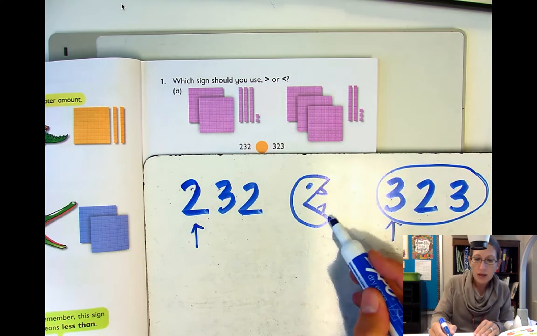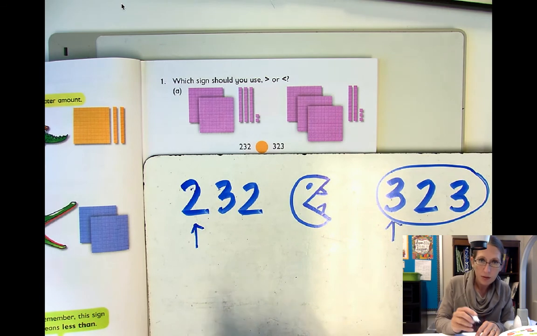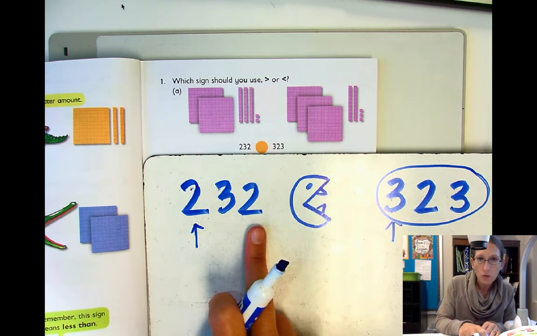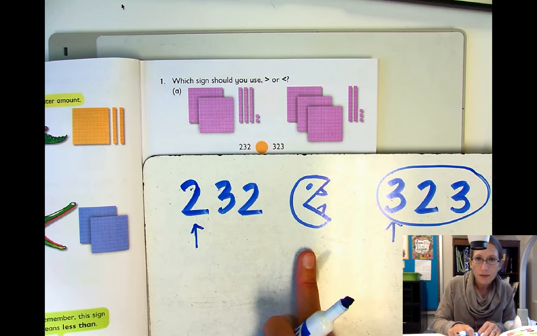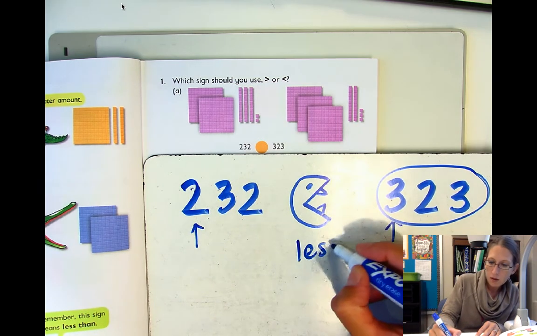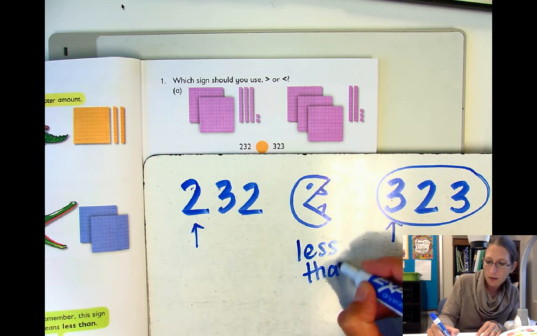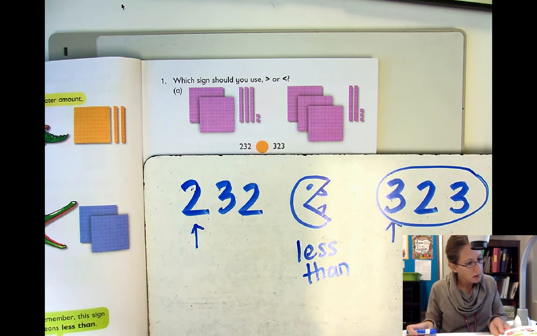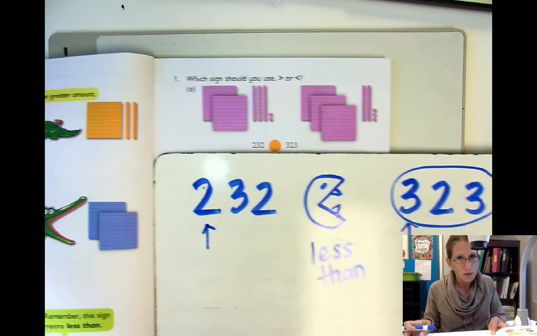And when he's eating the bigger number, then how we read that is, 232 is less than 323. So I'm going to write that here. Less than. Okay, and let's check. Is that how we write less than?